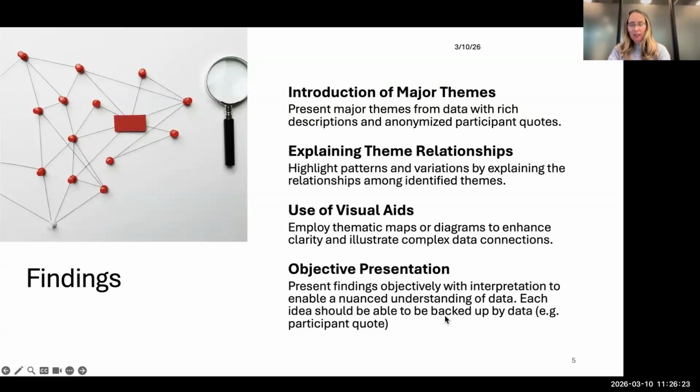Present findings objectively. Objectively is a really interesting word in qualitative analysis. I would say in applied work, we tend to be a little bit more objective, a little bit closer to the data. But absolutely, there is interpretation from the moment that you talk to somebody. There is from the first conversation that you have with whatever data source it is, whether it's a photograph, a document, an artifact, a focus group, or individual interviews.